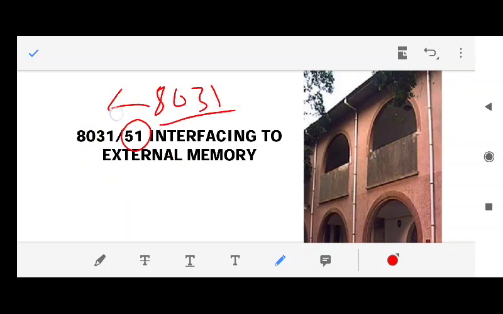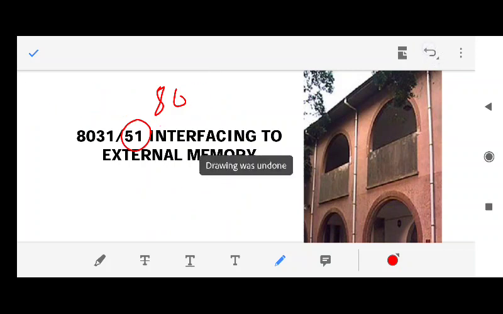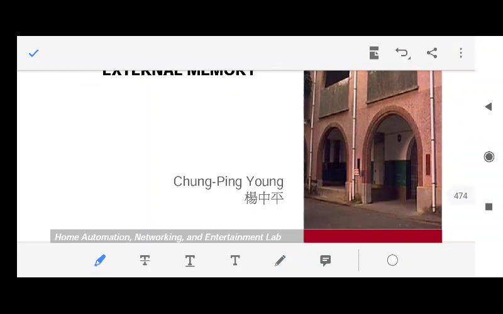This is the memoryless variety of 8051. It is similar to 8051, but it doesn't have any memory. So whenever you want to use 8031 as a microcontroller, you need to connect external memory to it. We will take both 8051 and 8031, and we'll see how the external memory is connected.